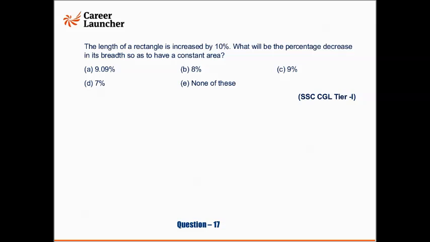Now you see, the area is constant, means length has been increased by 10% and area is constant. So definitely breadth will be decreased, na? Like area is nothing but L into B. This is constant. We are increasing length, so definitely breadth will be decreased. If we are increasing length by 10%, there will be some decrease in B.